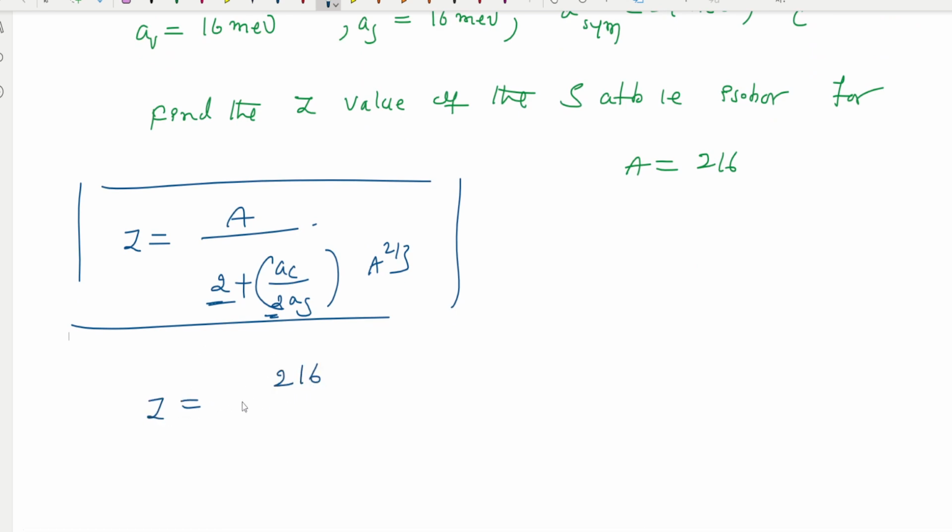This one is 216 divided by 2 plus, what is the AC value? The A suffix C value. So we need to convert this one. First 0.75 divided by, this one is 2 AS, right? 24 into 2, 48 into 216 whole power 2 divided by 3.